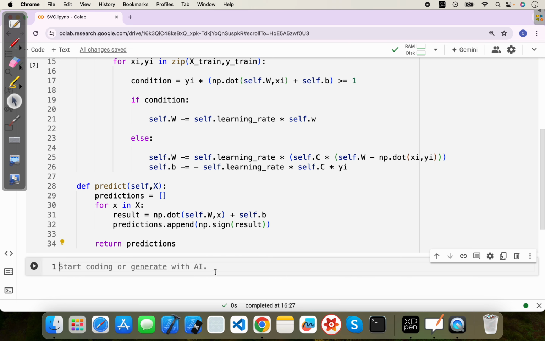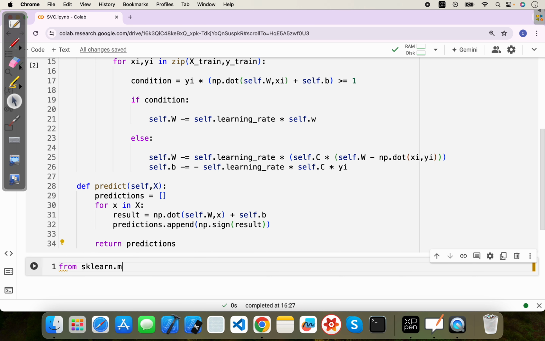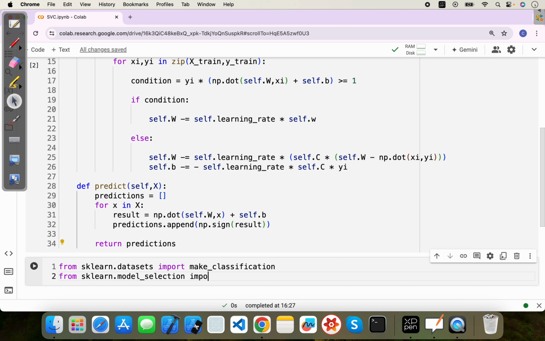So let's use this. First we need the dataset. As usual, we will use the sklearn library. From sklearn.datasets import make_classification. Let's import from sklearn.model_selection import train_test_split.